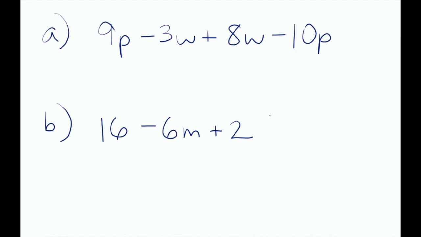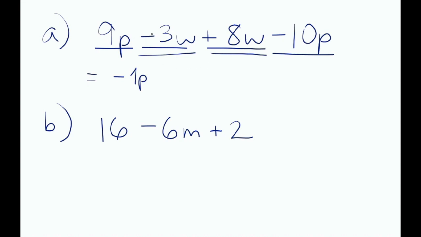Okay, so we're back. I'm going to underline my like terms here, 9p minus 10p, and then I have minus 3w, which I'm going to treat like a negative because I'm starting off with a minus, and plus 8w. So 9p minus 10p is going to be negative 1p, or you can even just write negative p.